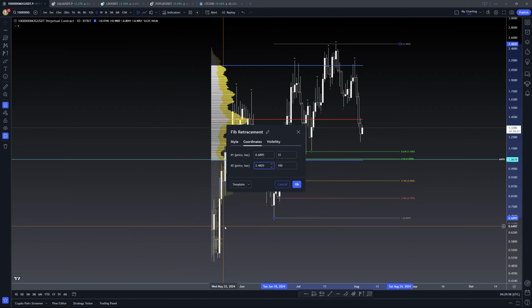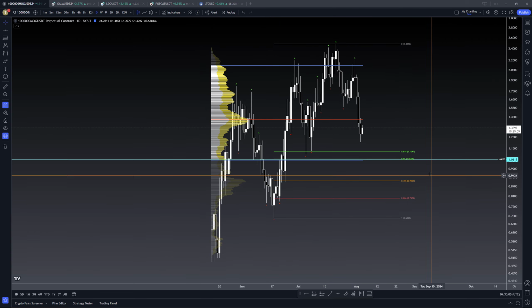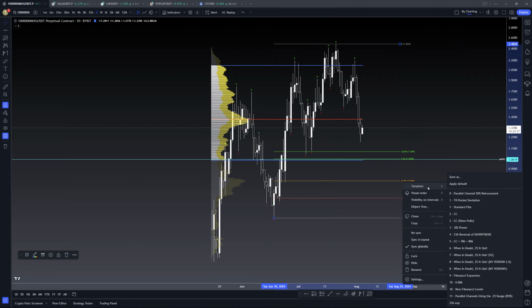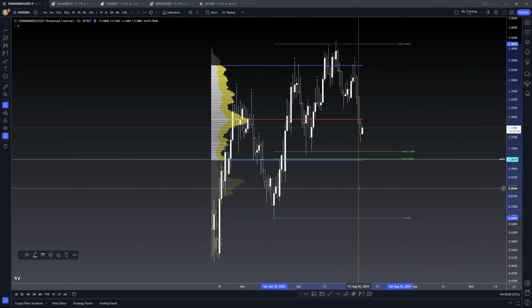So we have the CC right there. This is an untapped CC, mind you, because we're taking it from this high and we haven't come down to here yet.